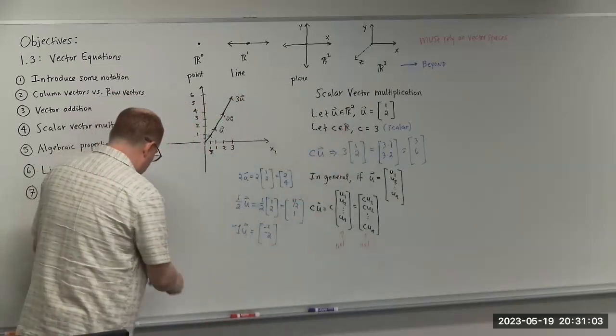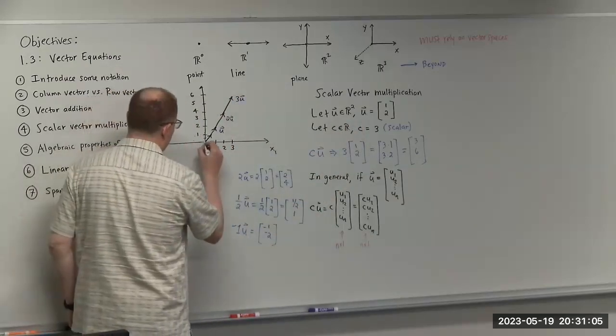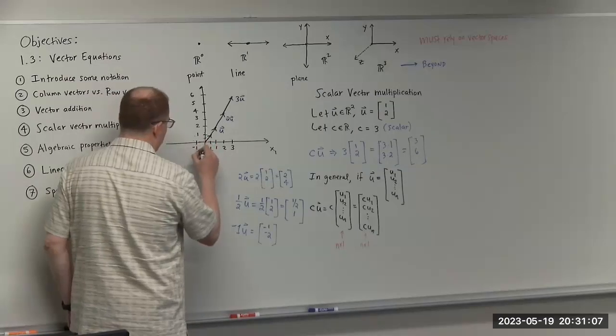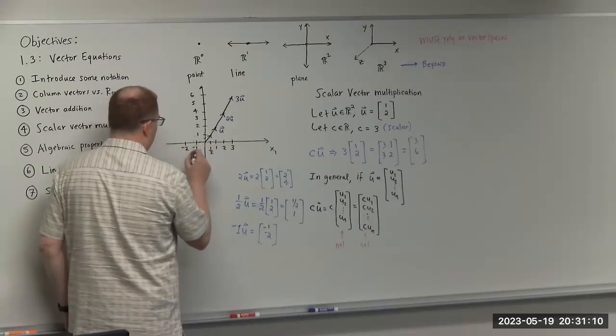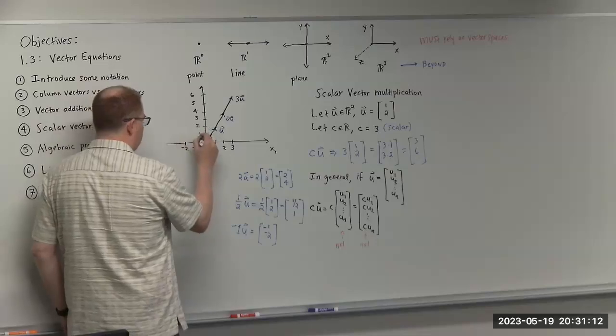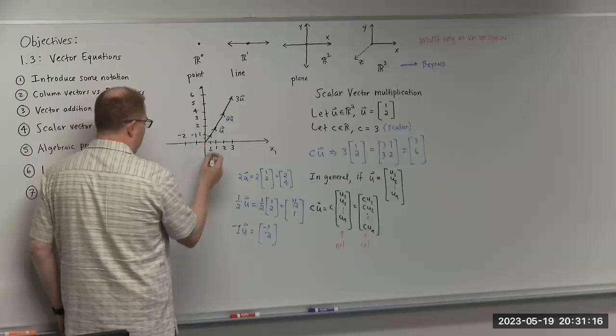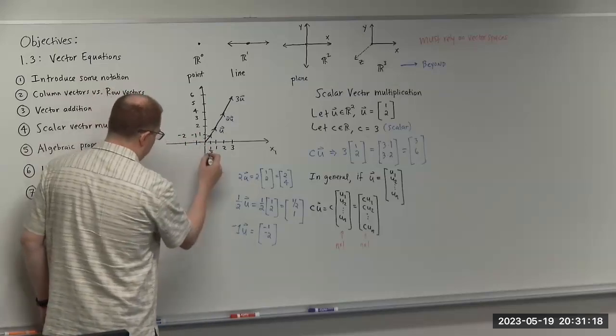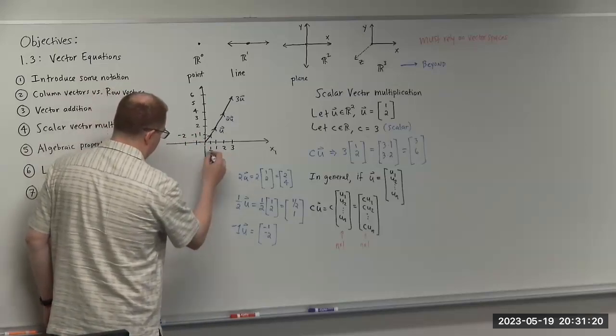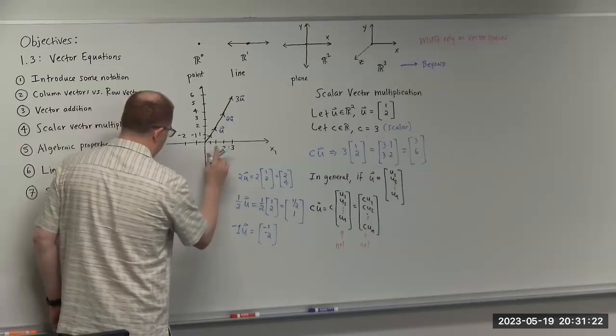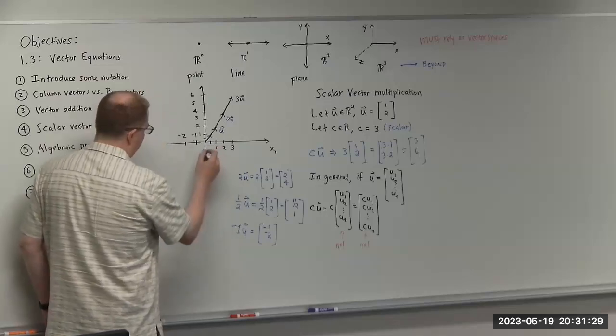So let's plot that. So we have -1 here and then -2. I'm going to put these on top so that you can see this. So we have -1, and then we go down -2.